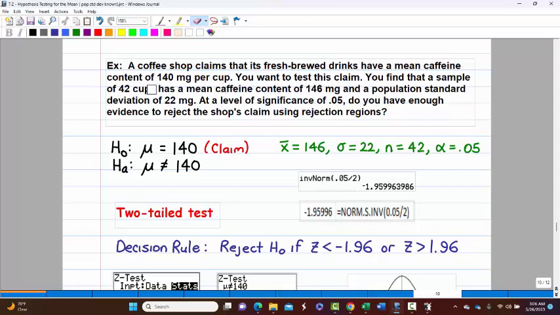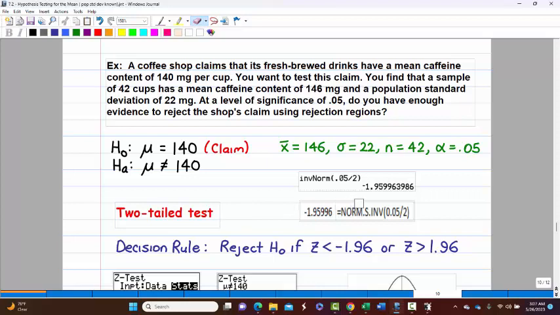So just treat "is" as meaning equal. Don't try to read anything more into that, like is that more than or less than that? It means equal. So we have equal paired with not equal. The claim is equal here, by the way. And then this is a two-tailed test, of course.